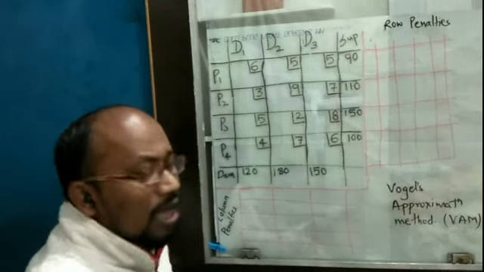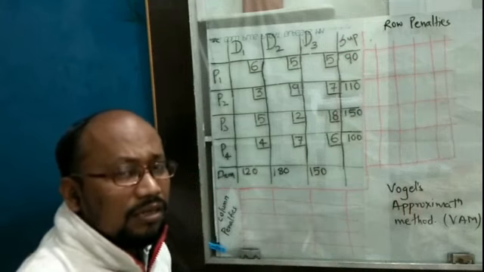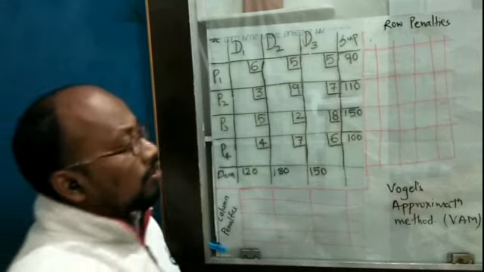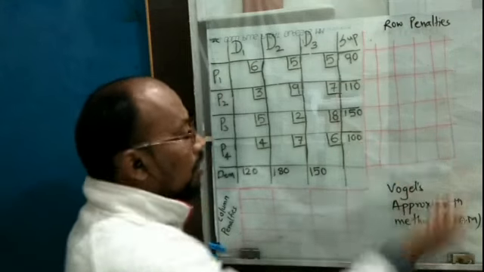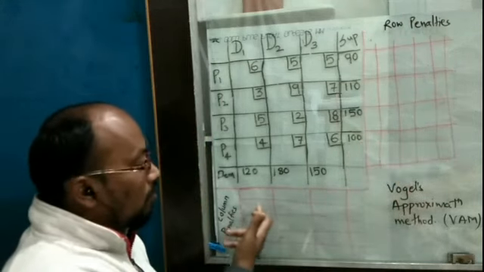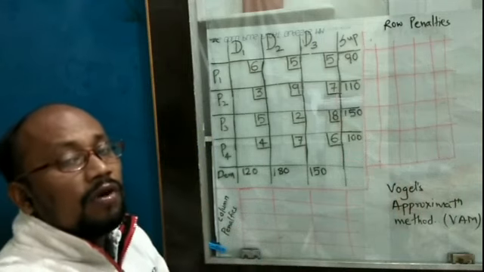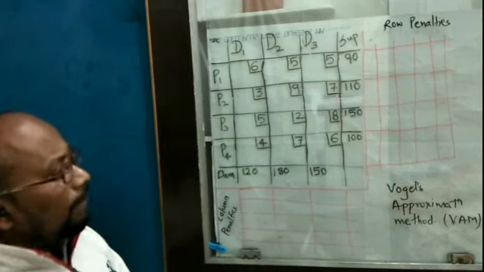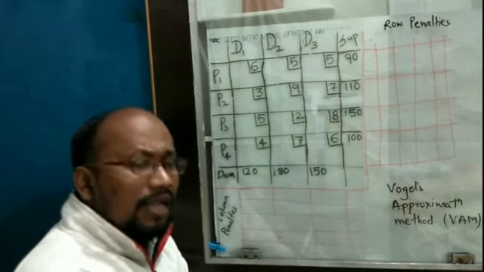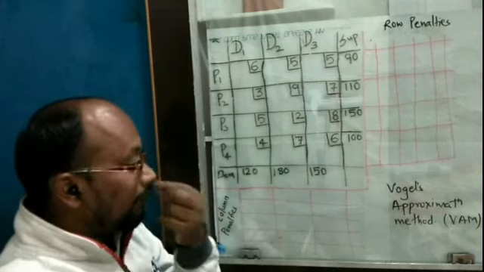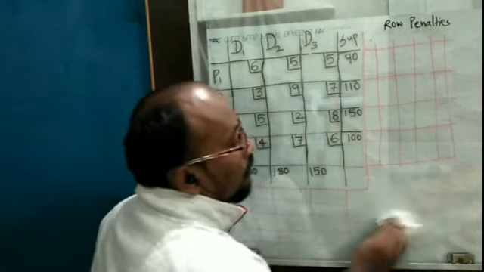Since we have to make at least 5 to 6 allocations, we will require at least 5 columns, 1 2 3 4 5 columns, and from here 1 2 3 4 5 rows, to identify the penalties for each allocation. It's very simple, but it's a lengthy process. Let's start. This is our VAM method.